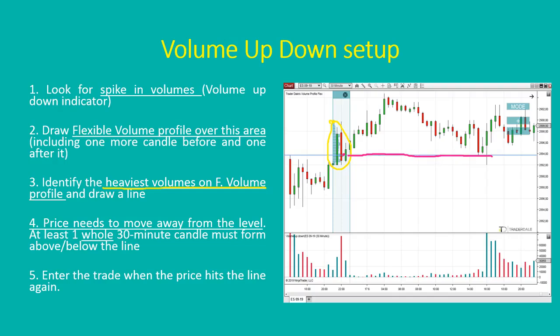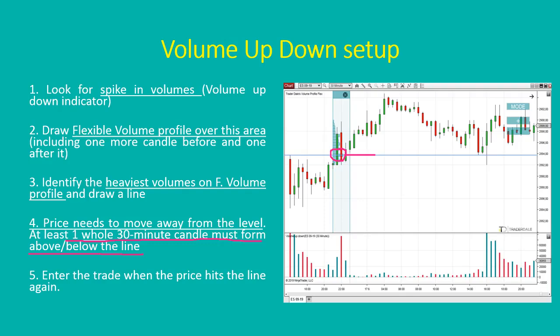Next, step number 4, price needs to move away from the level. So you have the volumes in here, so you have the level in here, and the price needs to move away from it. And at least one whole 30-minute candle must form above or below this line.